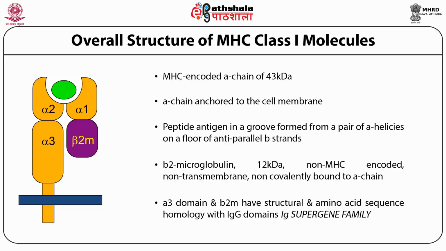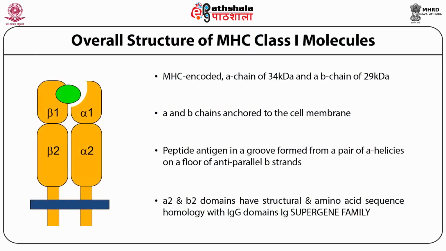To this is attached another polypeptide which is called beta 2 microglobulin. This entire structure is called the class 1 molecule, and this class 1 molecule always recognizes a peptide of less than 10 amino acids. This is very important, unlike the class 2 molecule which recognizes peptides of higher amino acid length; only the class 1 molecule recognizes peptides of almost 10.